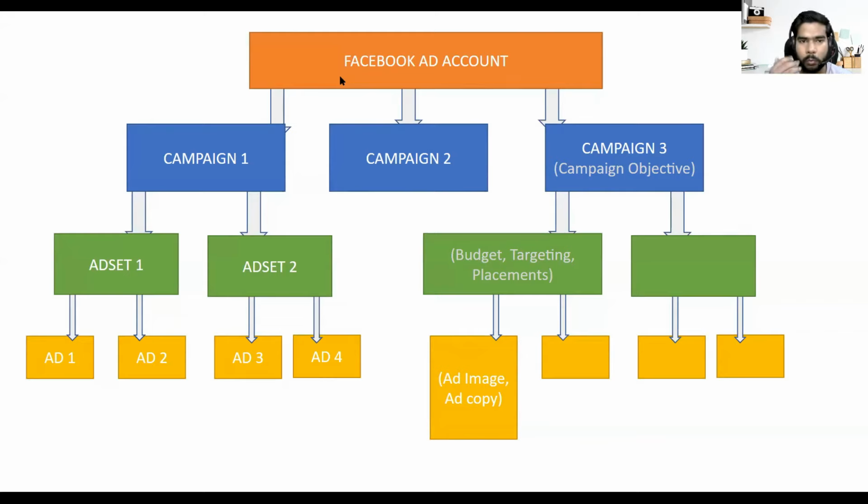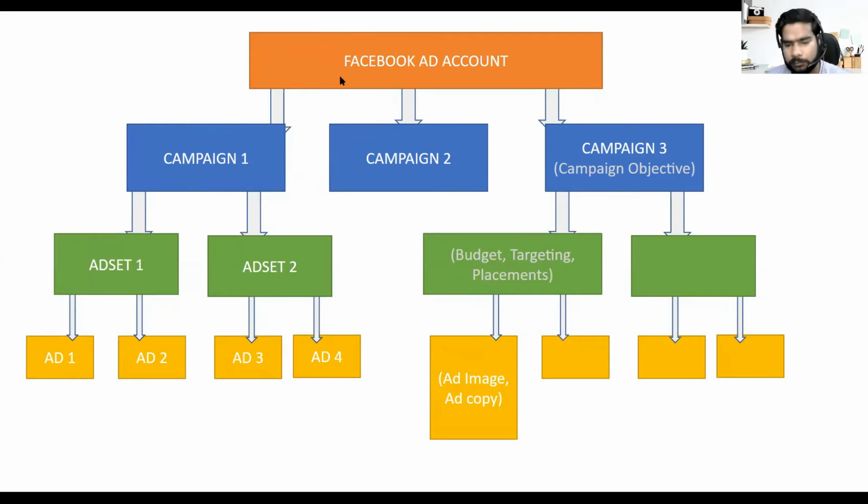I'll explain why this structure is required. Let's take campaign 1 for example. What is the objective of campaign 1? To generate leads. Let's say I'm running a Facebook campaign to generate leads for my digital marketing course. Now, who can be my students? In an ad set, what do we define? Audience and budgets, right?